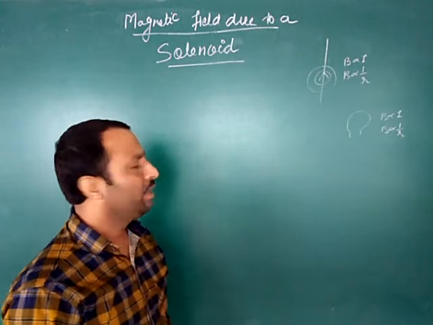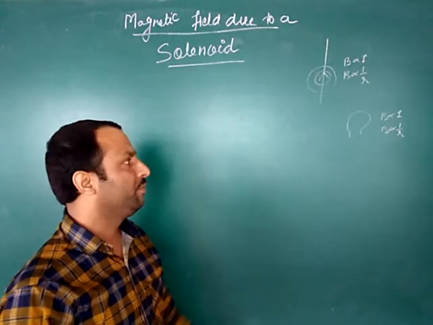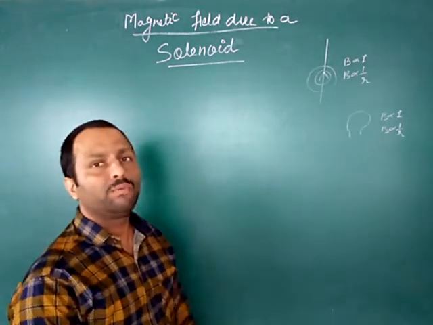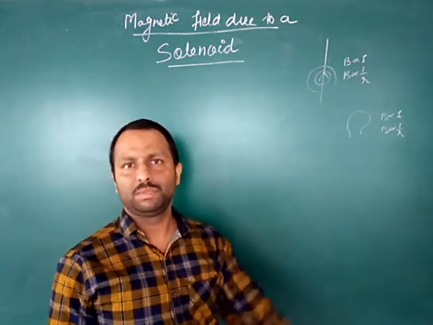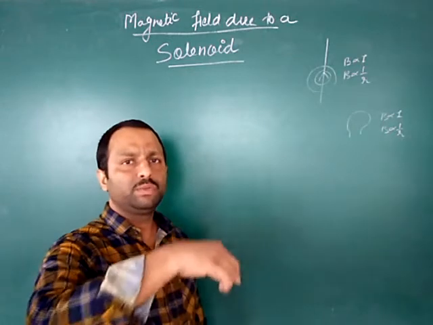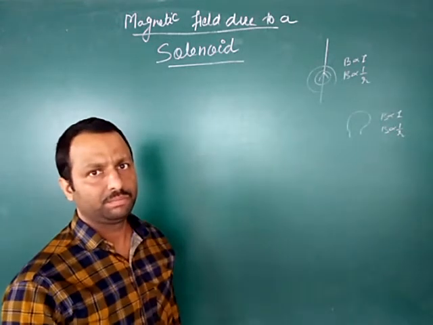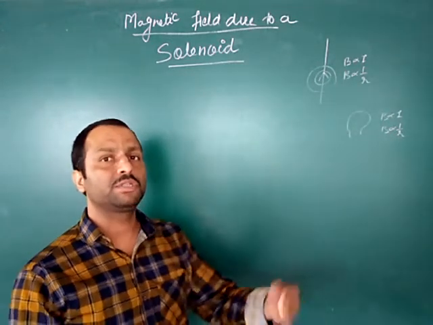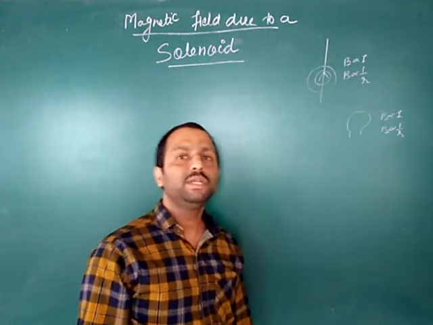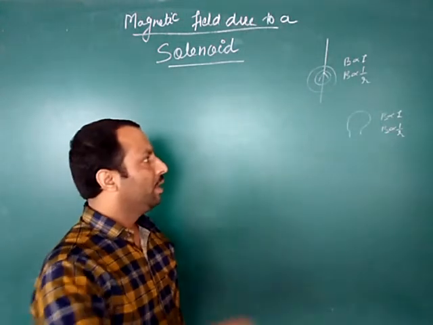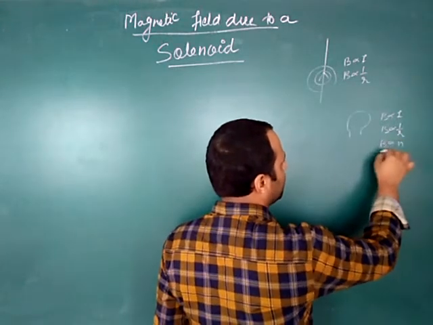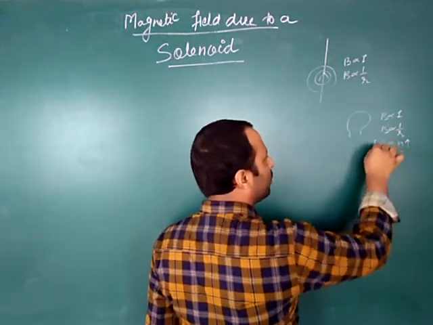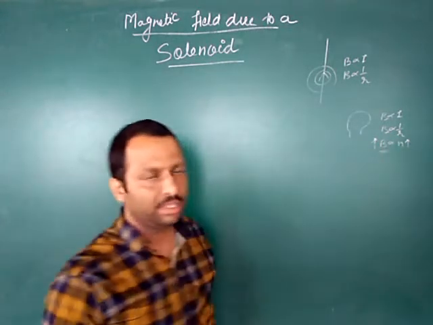And one more thing we have observed: when we gave one turn, the strength of the magnetic field was something, but when it was given two turns, the strength of the magnetic field increased slightly. As the number of turns was increased, the strength of the magnetic field also kept increasing.